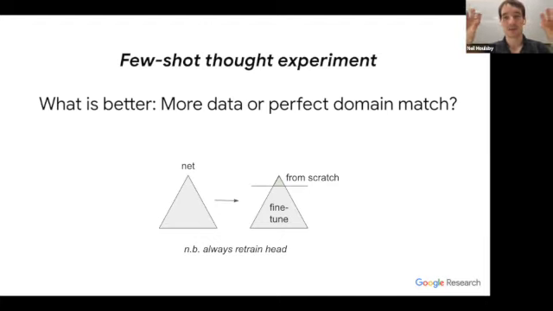Then we'll have two models. Model one is pre-trained on ImageNet, so it's pre-trained on exactly the same distribution as the downstream task. Model two is pre-trained on JFT, also natural images, but a somewhat different distribution, and a lot more images. So the question to think about is, what do you think is better? Better domain match or more data?